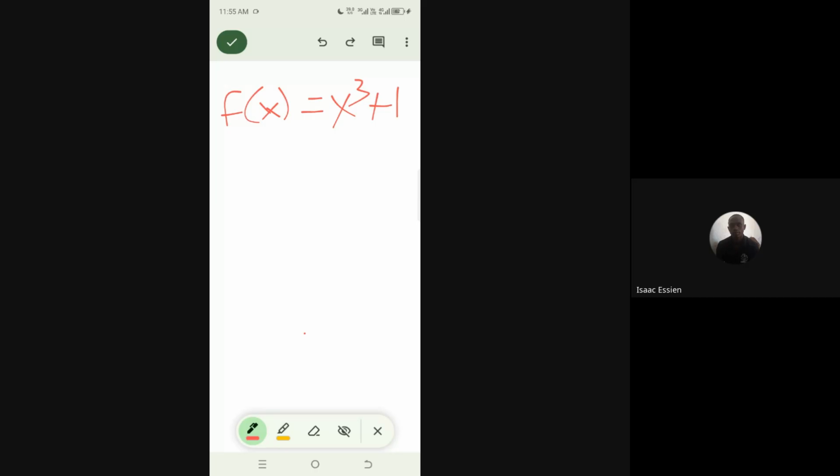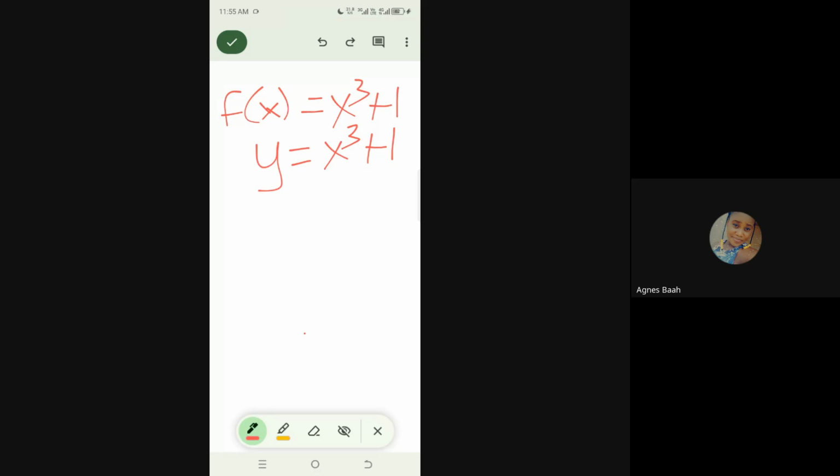So f of x is equal to x cubed plus 1. We want to find the inverse of this function. What we are going to do is rewrite f of x as y, so y is equal to x cubed plus 1. Do we agree? Yes, we agree.